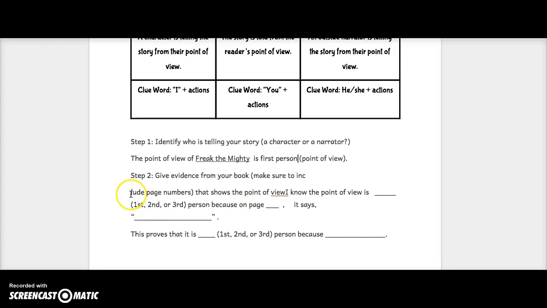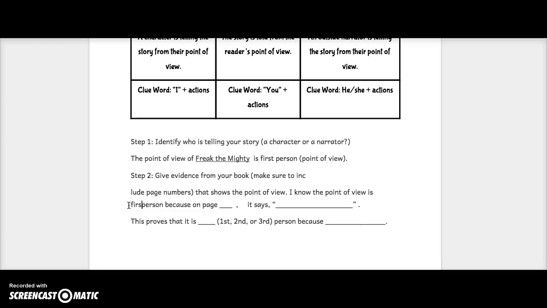Now what I need to do is give evidence from my book, including page numbers, that shows the point of view. And so I know the point of view, and I'm just going to type in that it is first person because, and actually I can get this answer on page 1, and I'm telling you readers, you can almost always, 95% of the time, figure out what type of narrator you have on the first page of your book.